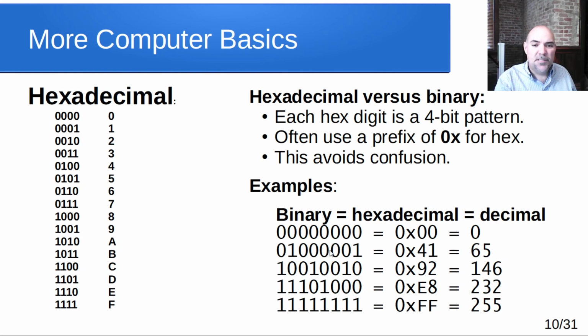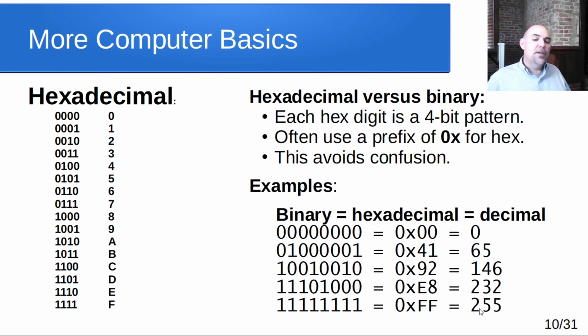The next one, 0, 0, 0, 1, that's a 1. So that's 41 hex, 0x41, which is 65 decimal. I've got other examples here as well, including 1, 1, 1, 0, 1, 0, 0, 0, which is E8, or 232 in decimal. And all ones is FF, which is 255 in decimal.